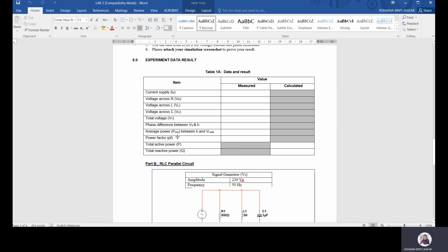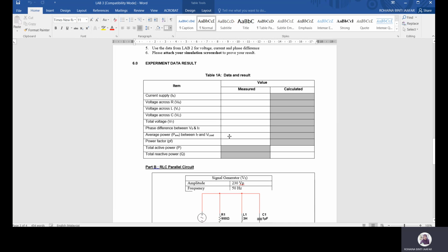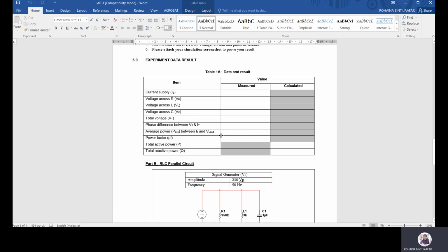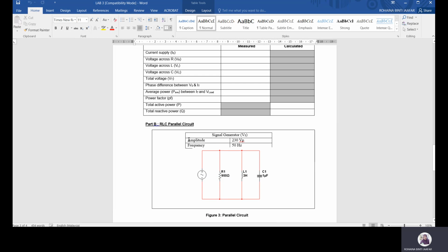Starting from average power until total reactive power, this is the value you have to collect from the lab 3 experiment. After this, I will show you how to measure average power and power factor using the wattmeter.